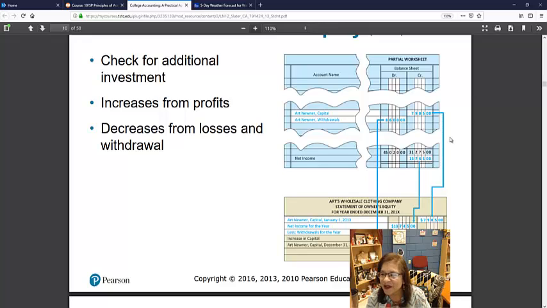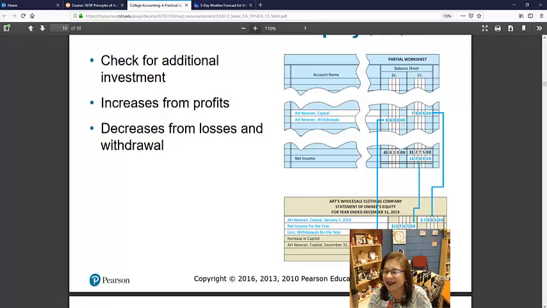Because here we go. This is where we're getting the capital that he started with. This is how much he had as far as the income for the year, and this is how much he took in withdrawals. So when you subtract the $8,000 from $13,745, wasn't 800, it was 8,000.